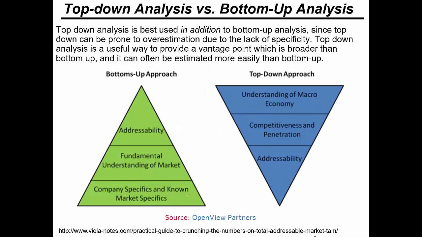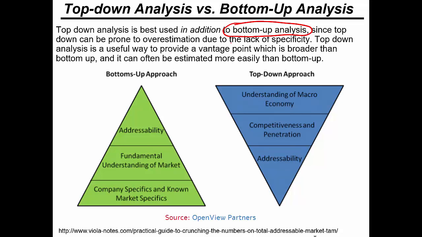So we introduced the top-down analysis and the bottom-up analysis. The current thinking in the venture capital community is that they like the bottom-up analysis, particularly the bottom-up analysis based on facts, based on some of your experiments, based on more concrete data and statistics.